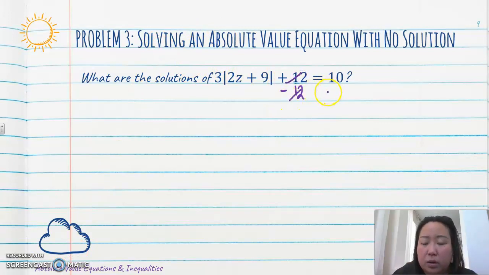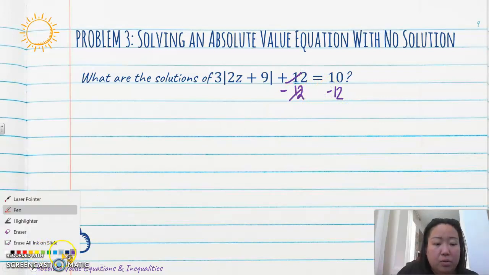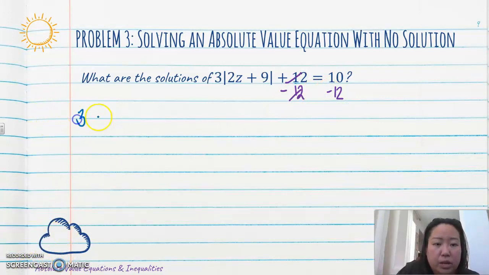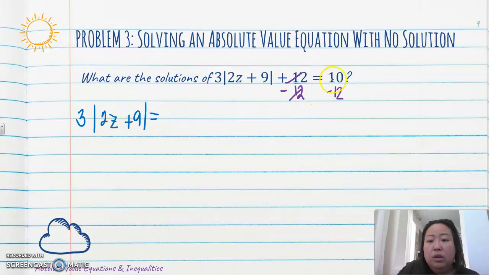And so our expression now is going to be 3 times the absolute value of 2z plus 9 is equal to 10 minus 12, that's going to be negative 2. And this time, we just need to remove that 3 in the front.